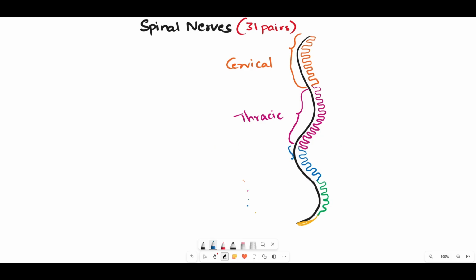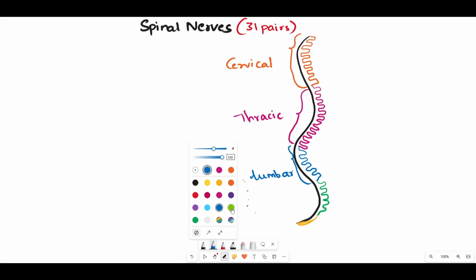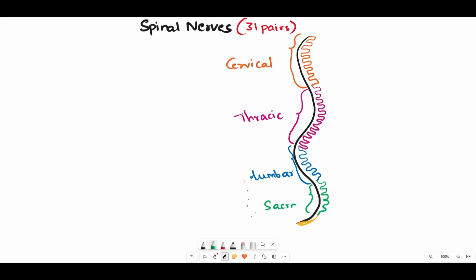This blue colored portion we will call the lumbar vertebrae. This green colored portion we will call the sacral vertebrae. Then the last yellow colored part we will call the coccygeal vertebrae.